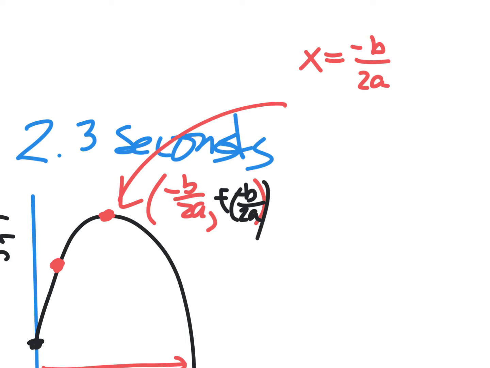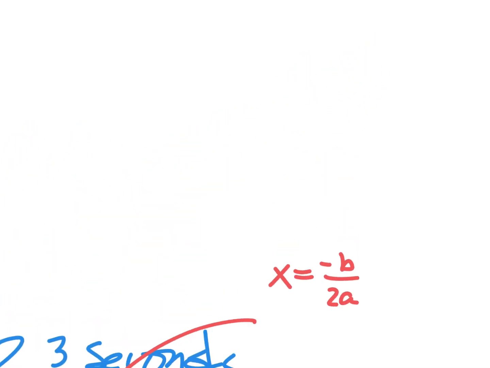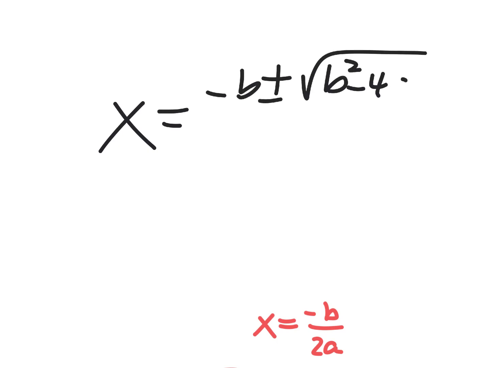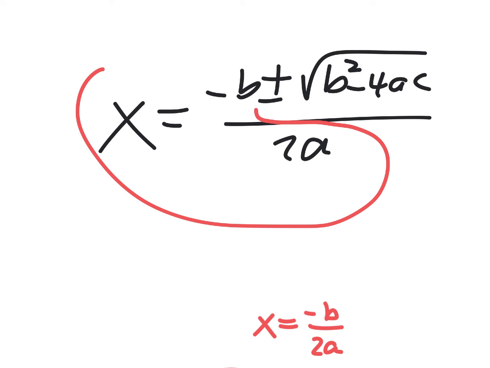X is negative b over 2a. That is one of the most forgotten formulas because it's part of the quadratic formula. So I'm going to do this quadratic formula again. X equals negative b plus or minus square root of b squared minus 4ac, all over 2a. And I want to remind you, that part of it is the part that tells you the x of the vertex. The vertex is the most important part of a parabola.